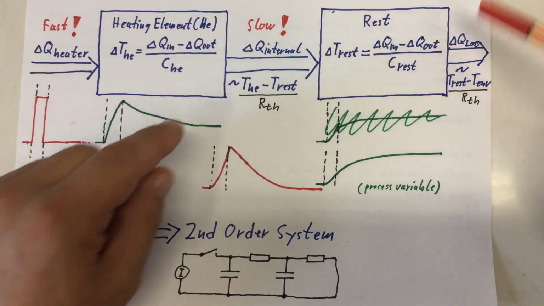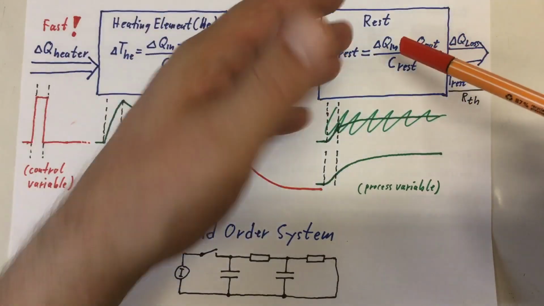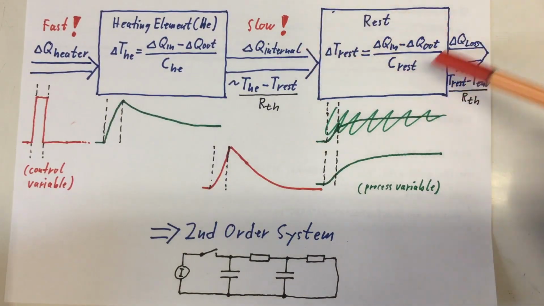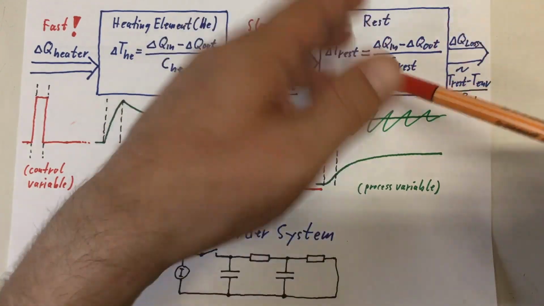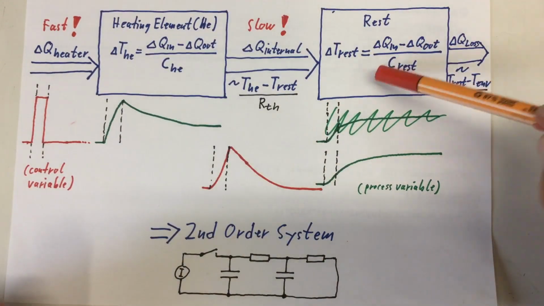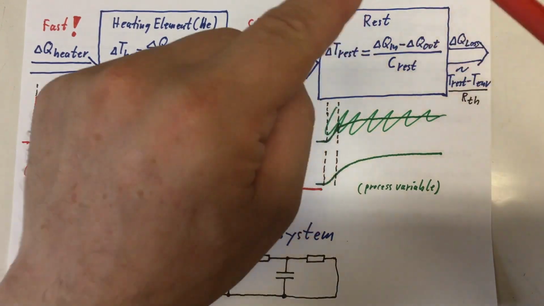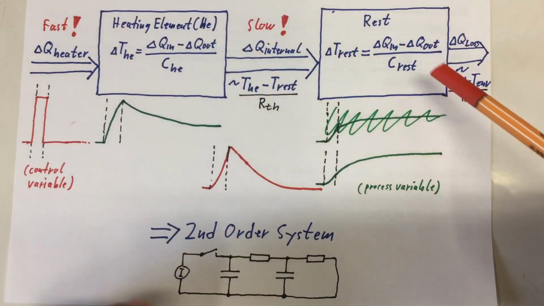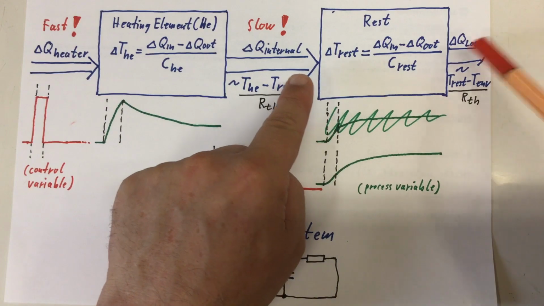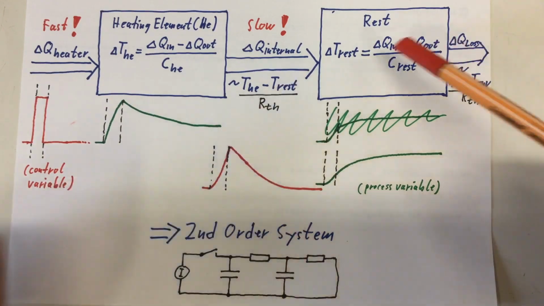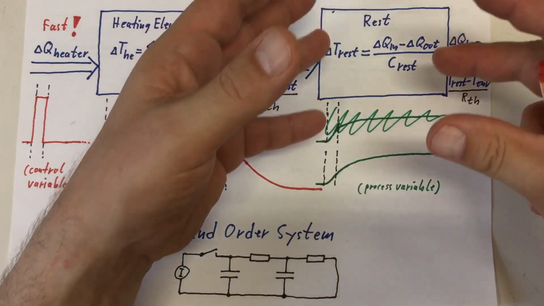Then we have the rest of the laboratory water bath, all the metal, the water, the aluminium, and our sensor is connected here. That's the process variable we are really measuring. It's the same formula: energy going in minus energy going out, as we're losing some energy at some point, over the thermal capacity of that whole shebang.